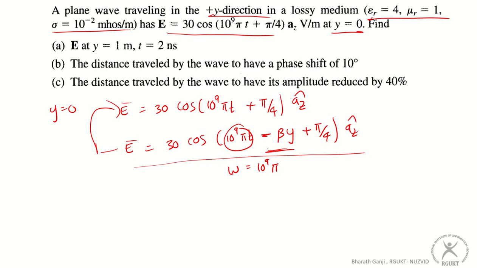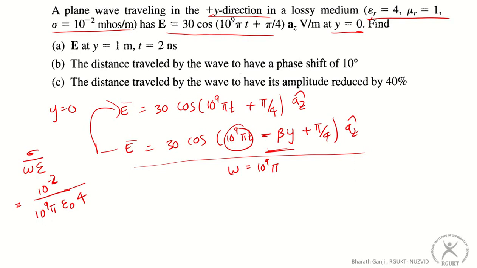So to know that, first of all, we'll try to calculate sigma divided by omega epsilon. Sigma is given as 10 to the power of minus 2, okay. Omega is given as 10 to the power of 9 pi, and epsilon is nothing but epsilon naught into epsilon r. Epsilon r is 4. So we need to see what this value is, okay.